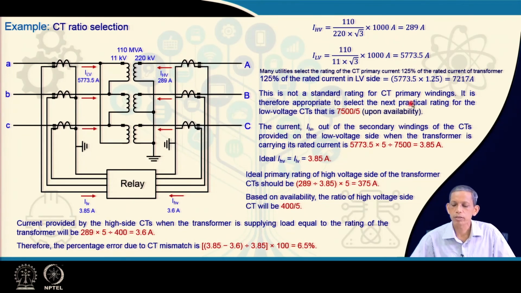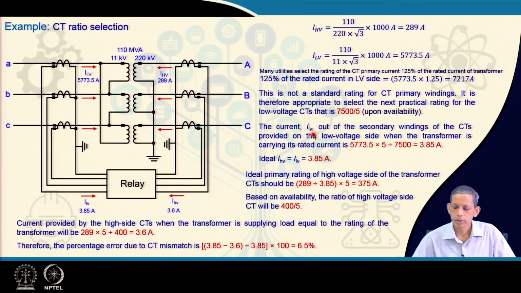But we may not get an exact CT of that value. Therefore, standard ratings will be there. Let us assume that, upon availability, this becomes a 7500 is to 5 CT for the low voltage side.